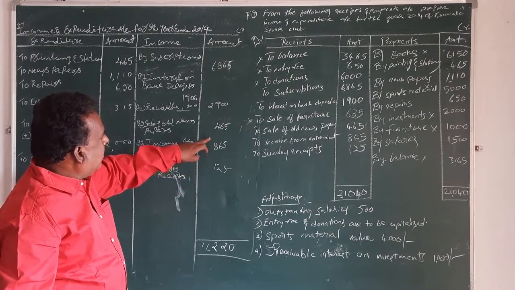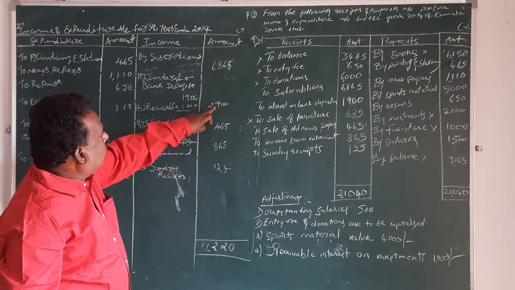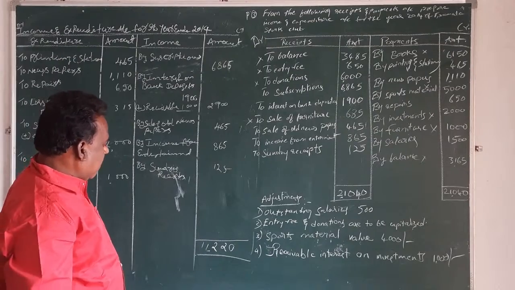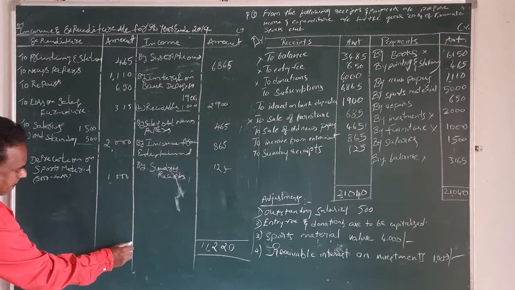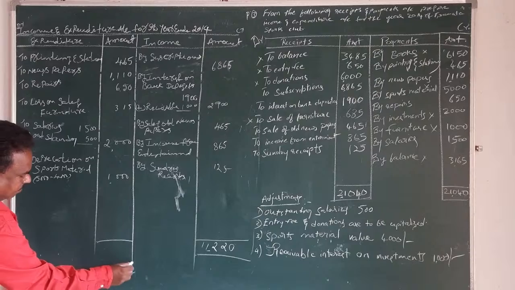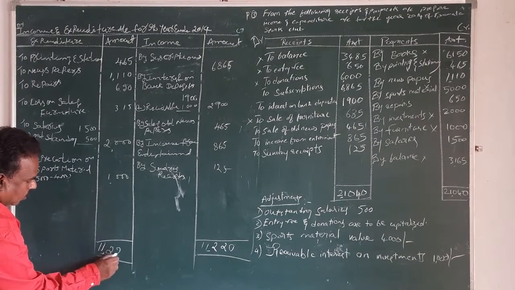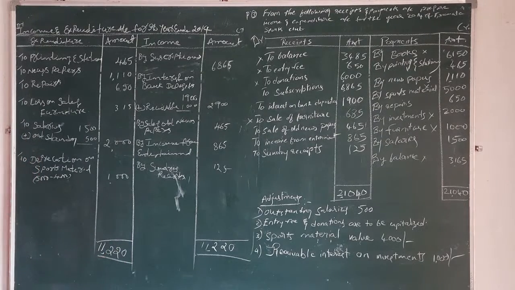Carry forward to the debit side, 11,220.